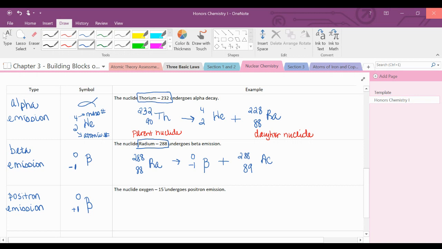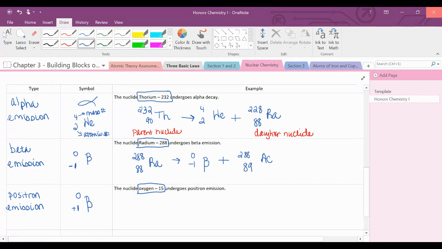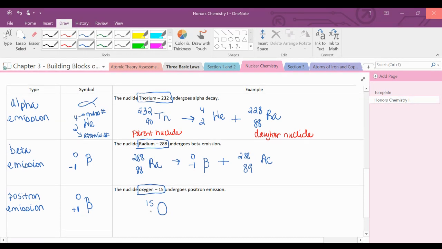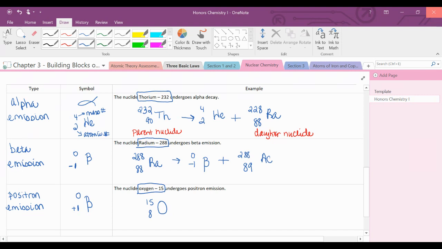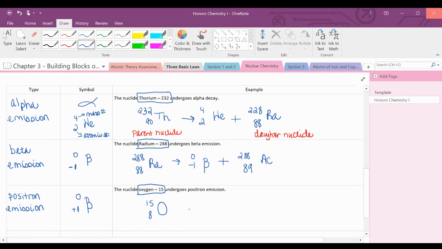Right. So oxygen 15 is my parent nuclide. So we're going to find oxygen on the periodic table, and you would see that the whole number in the box is an 8, so the atomic number is 8. It's going to undergo positron emission, so we're going to write the symbol for the positron particle.